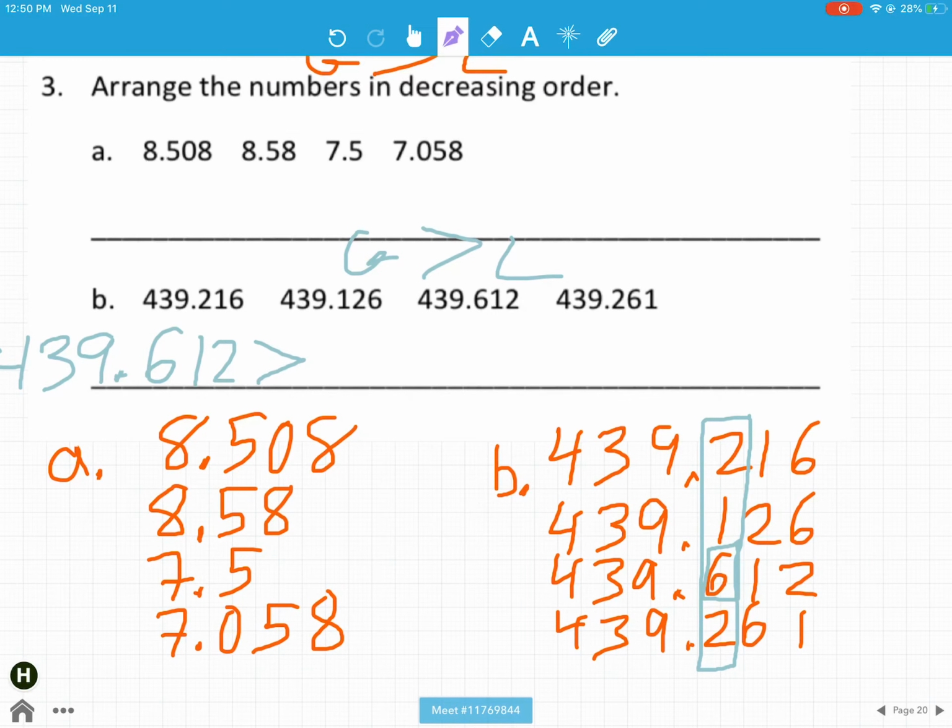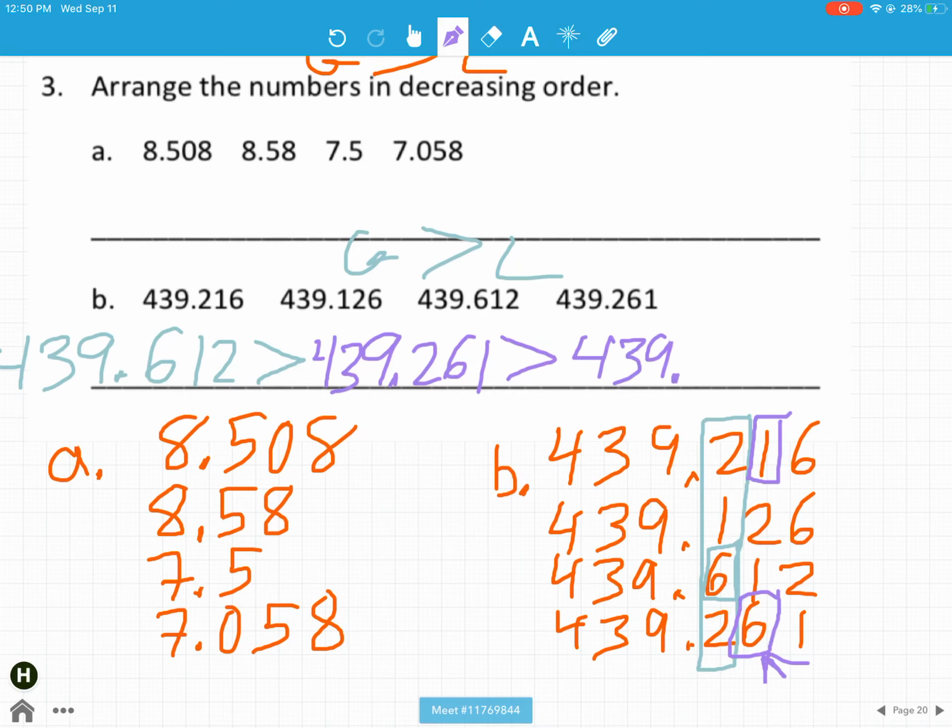Now with the 2's, we have to look at the hundredths place. And we see that the 6 is greater. So we're going to write 439 and 261 is greater than 439 and 216. And hopefully you can see that the last one is the least one, 439 and 126.